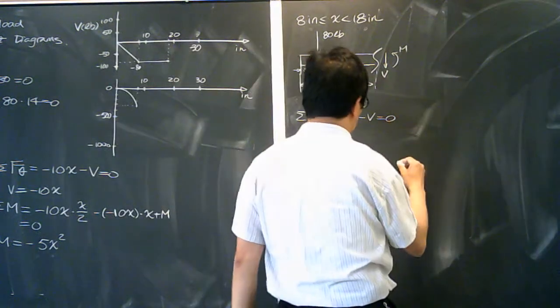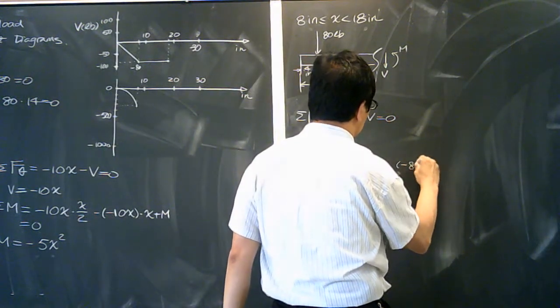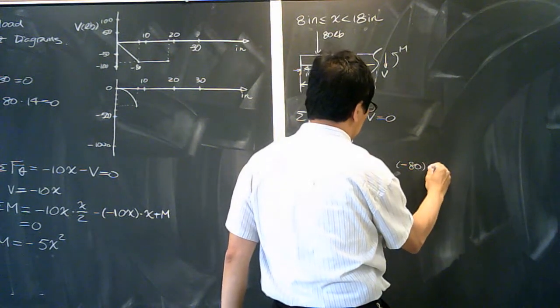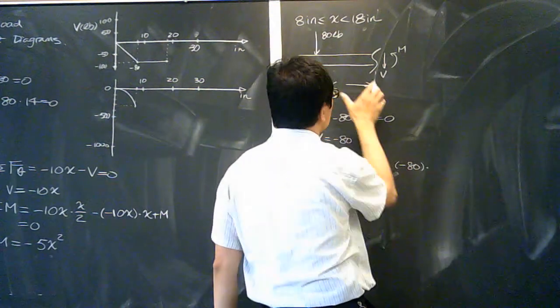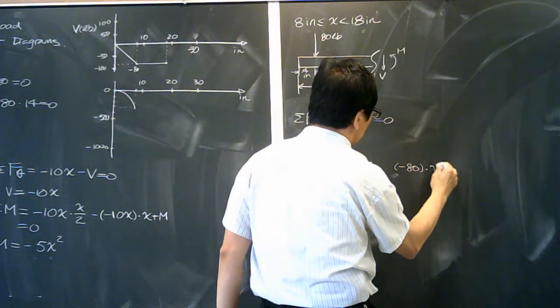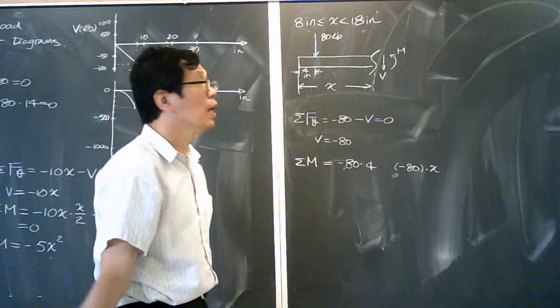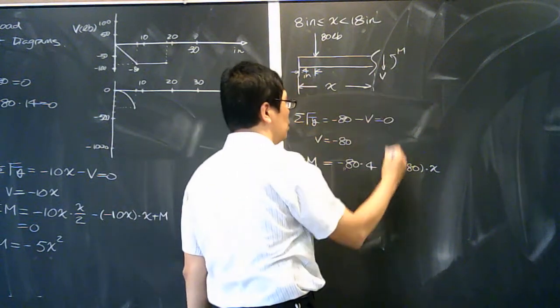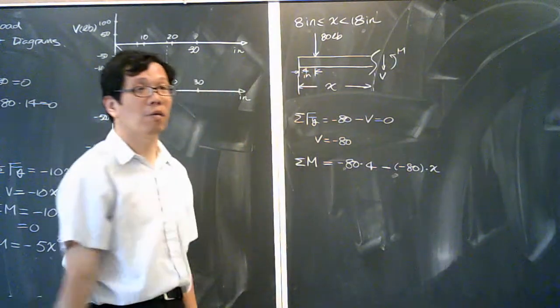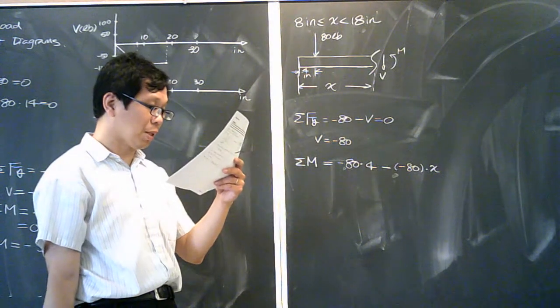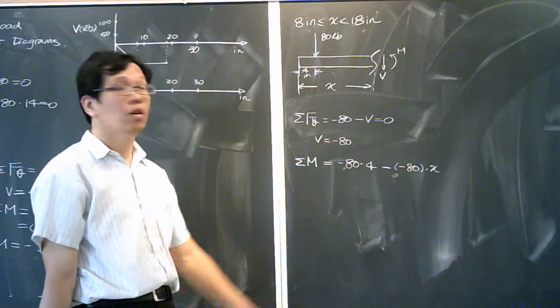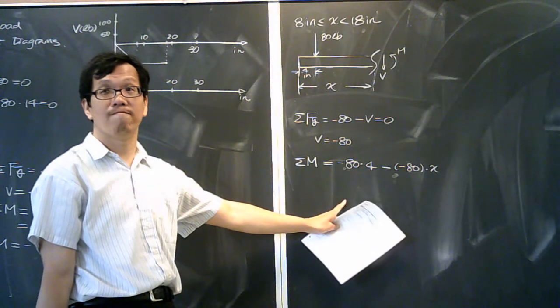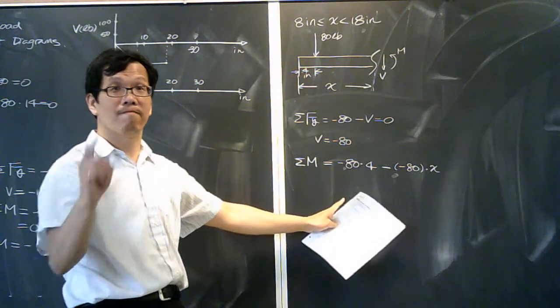V is negative 80. I don't really know the distance. I only know it's x. And based on the configuration over here, it is also clockwise. So I have a negative sign in front of it. Do I miss anything in this equation? Plus M.